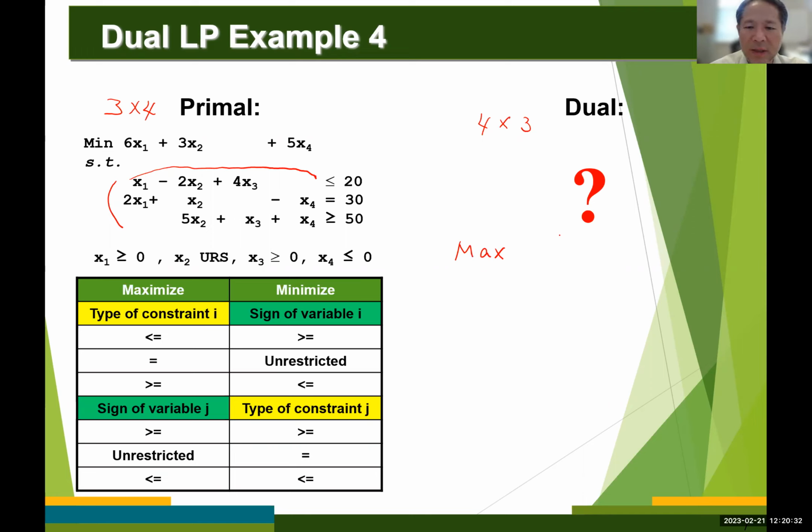And we are going to have 3 dual variables, so let's name them y1, y2, y3. And because the right-hand side vector of the primal system serves as the objective coefficients in the dual system, right? So it's going to be 20, 30, 40, and 50 in order. So our objective function is done.